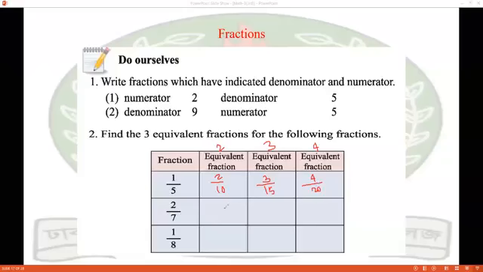Here we can write 4 by 14, 6 by 21, 8 by 28.